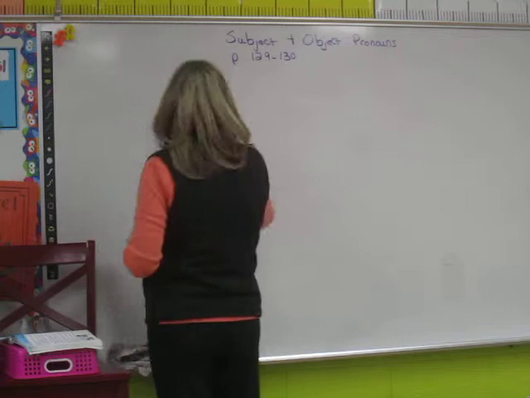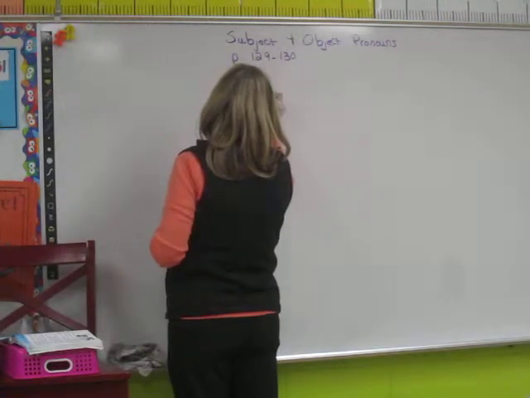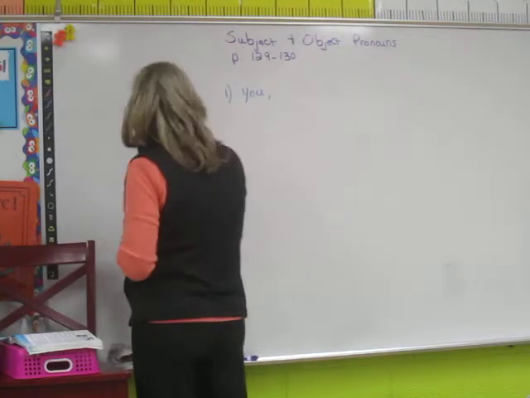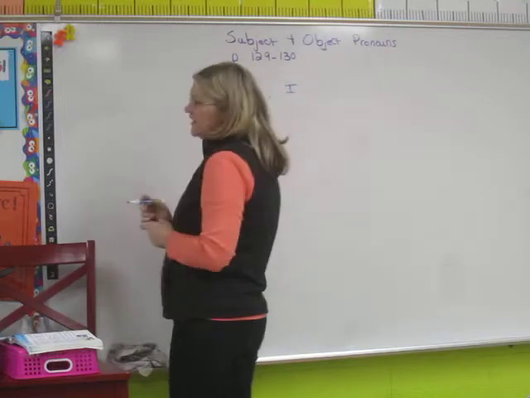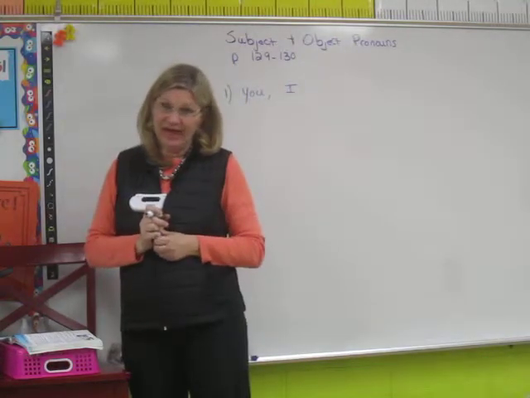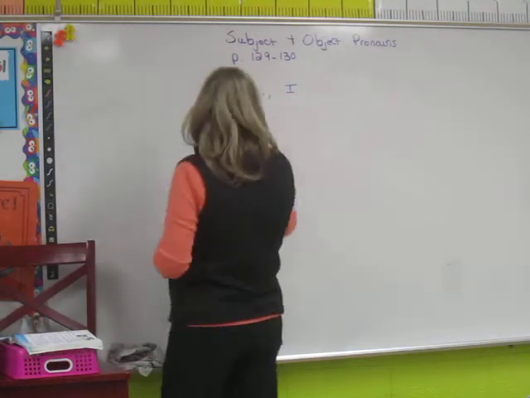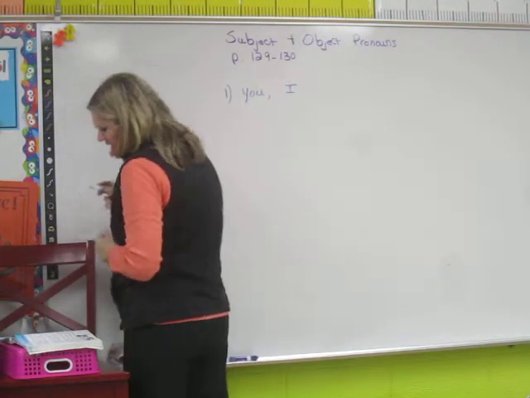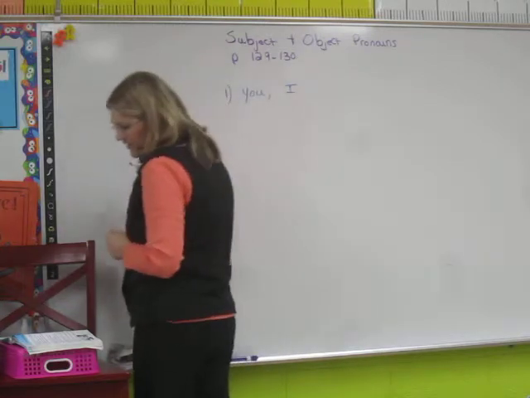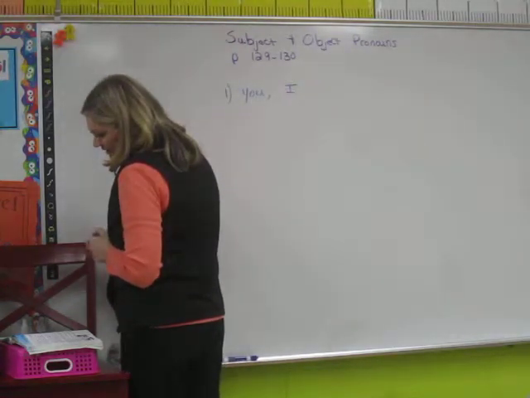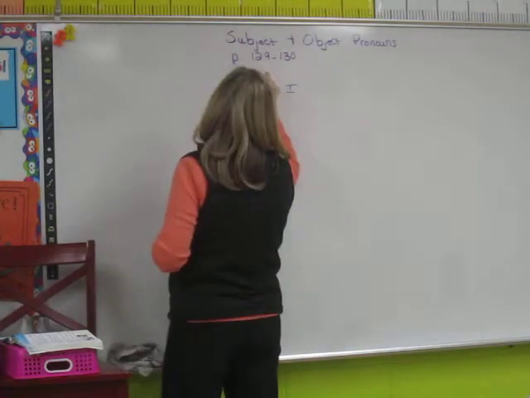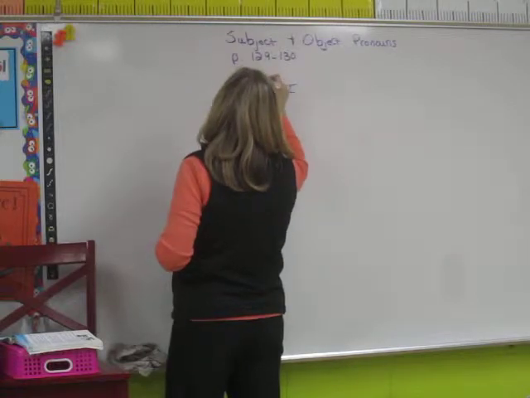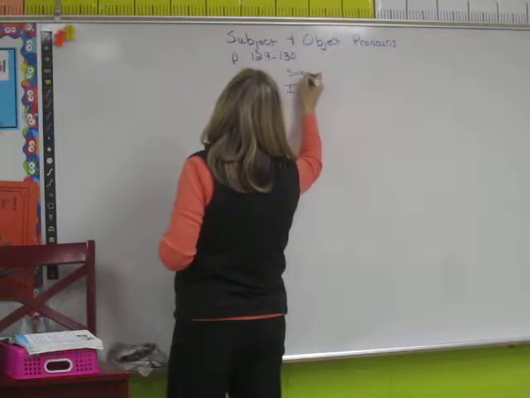I have you, and I have I. And then I tell if it's a subject pronoun or an object pronoun. Are you there, Alan? Alan is there. I believe that is an object pronoun. And then this one is a subject pronoun.